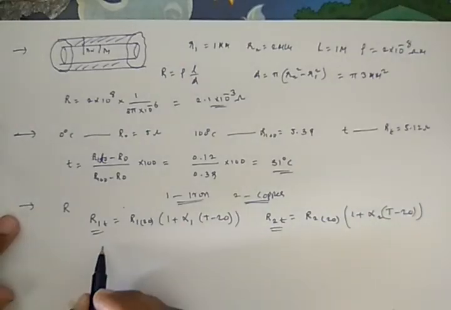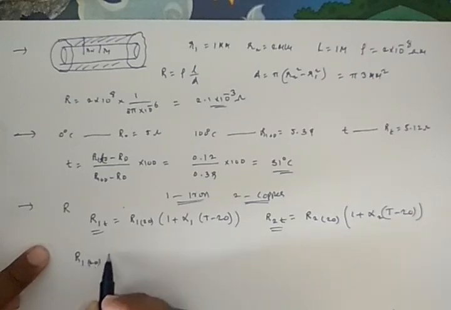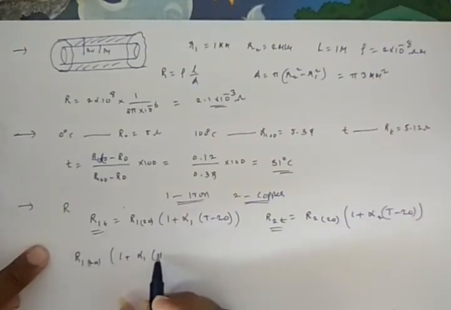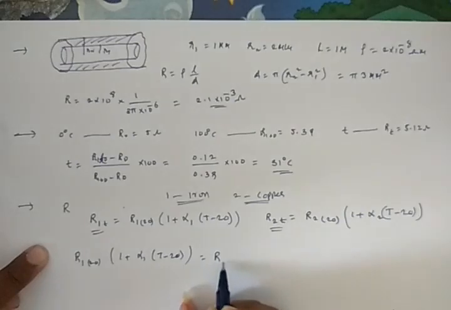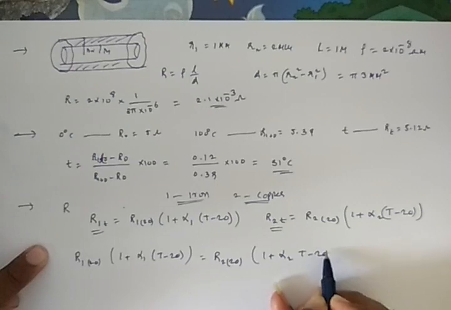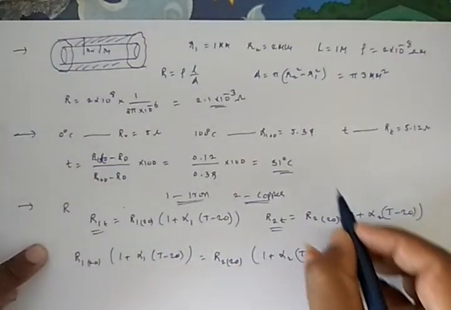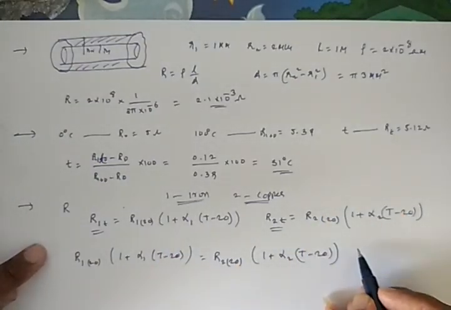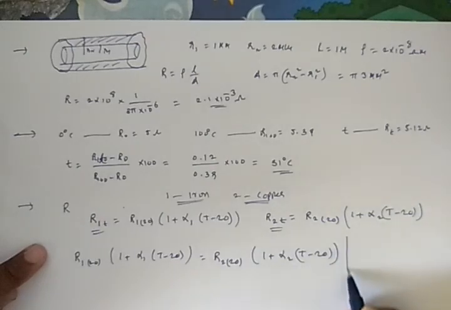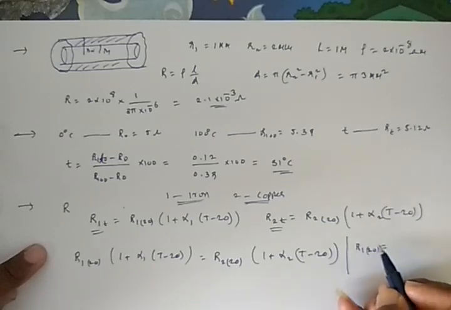So for that, if you equate these two, I get R1 at 20 into 1 plus alpha 1 into T minus 20 equals R2 at 20 into 1 plus alpha 2 into T minus 20. So R1, this we know. This one means iron. Let us write the data here. The resistance of the first wire at 20 degrees centigrade, the reference temperature, is 3.9 ohm.